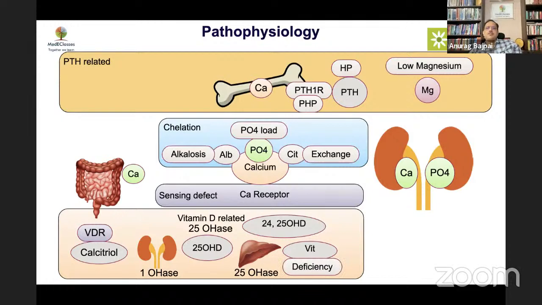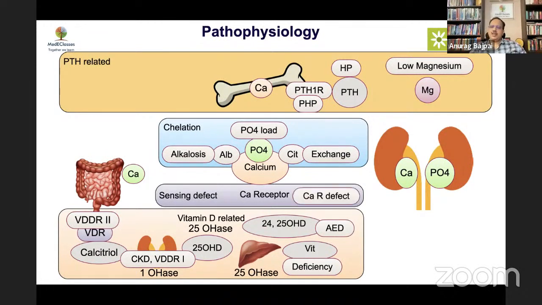Now, vitamin D deficiency, anti-epileptic use causing inactivation of vitamin D, chronic kidney disease or VDDR1, where the production of calcitriol is defective, or resistance to vitamin D, will all cause vitamin D related hypocalcemia. Classical presentation will be hyperparathyroidism and hypophosphatemia. So if phosphorus levels are low with hypocalcemia, think of a vitamin D cause. If phosphorus is high, think of a PTH cause.